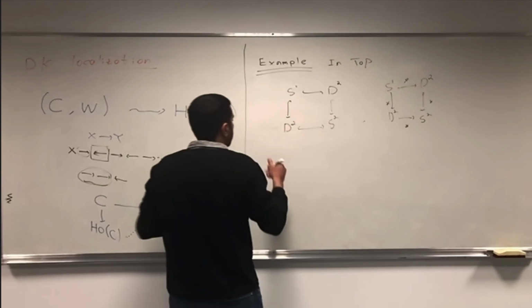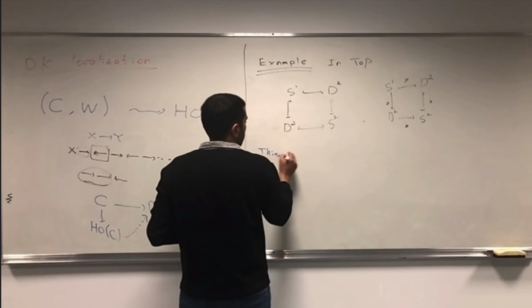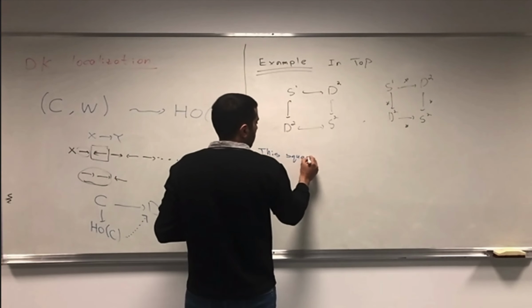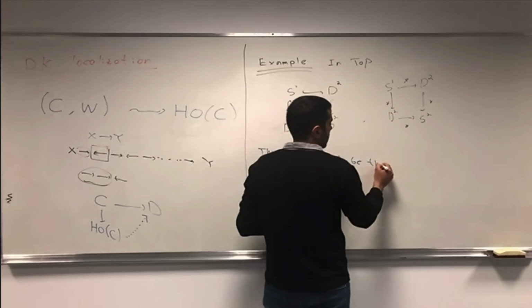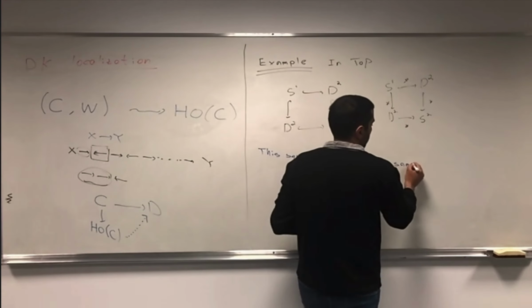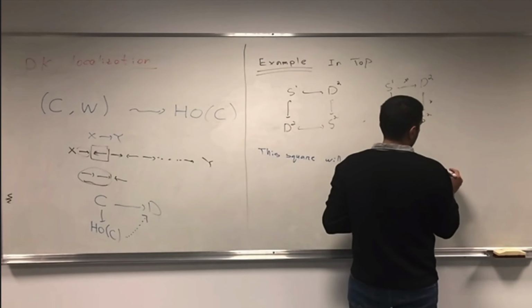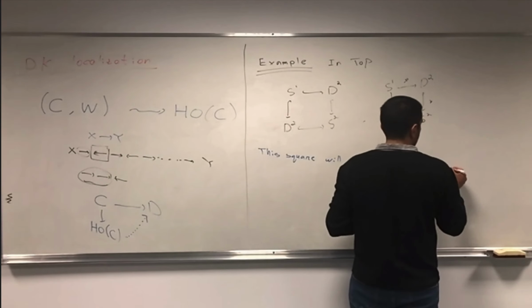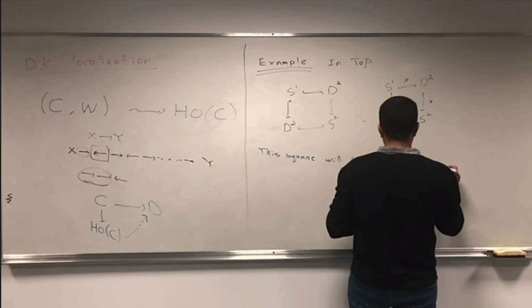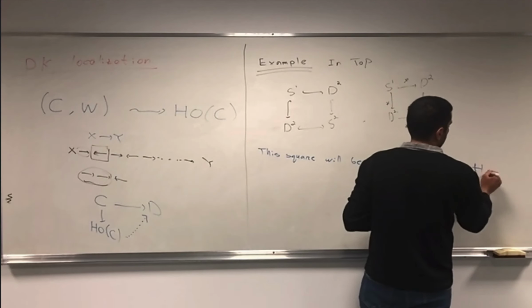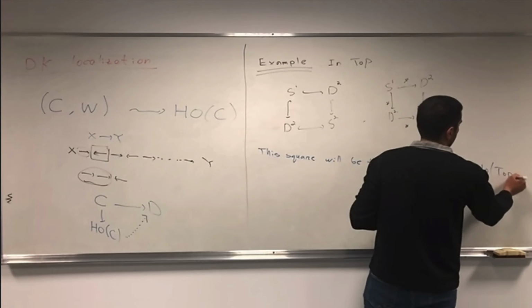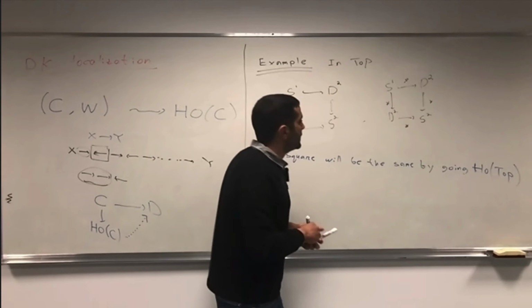So this square will be the same by projection, or by going to the point here. This is also a commutative square.